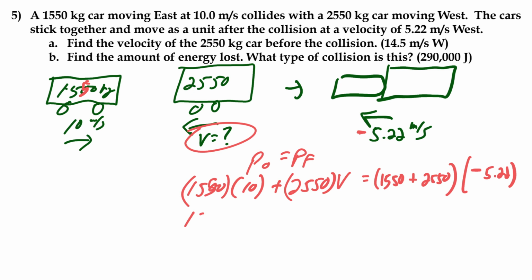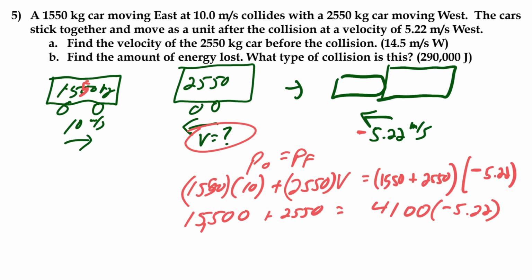So this one's going to be 1550 times 10 plus 2550 V, and then let's combine these masses all together, so that's going to be 4100, times negative 5.22.